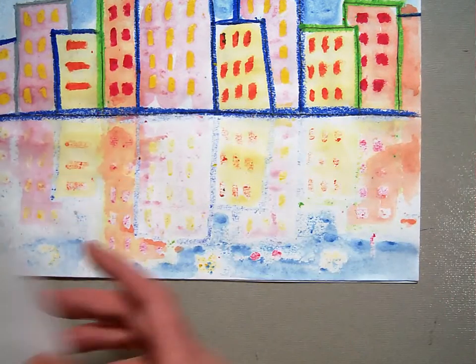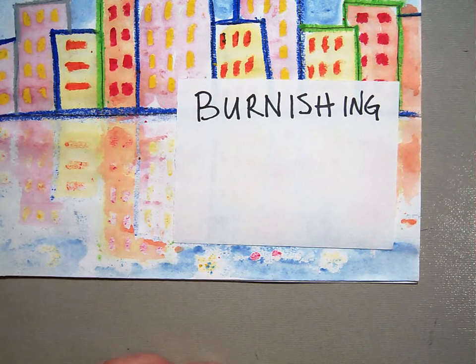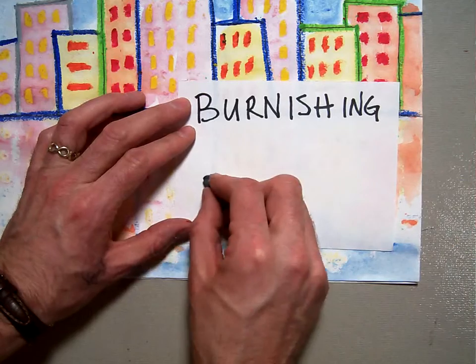Good. The last skill we're going to talk about today is burnishing. Burnishing is a skill quite often referred to in ceramics, because you can use a tool to smooth out clay. But today we're going to use it in this sense.